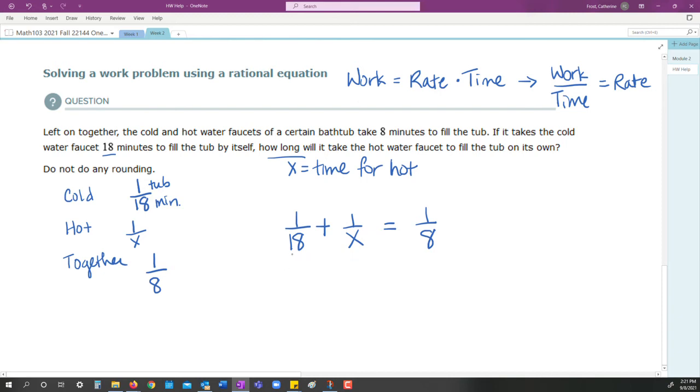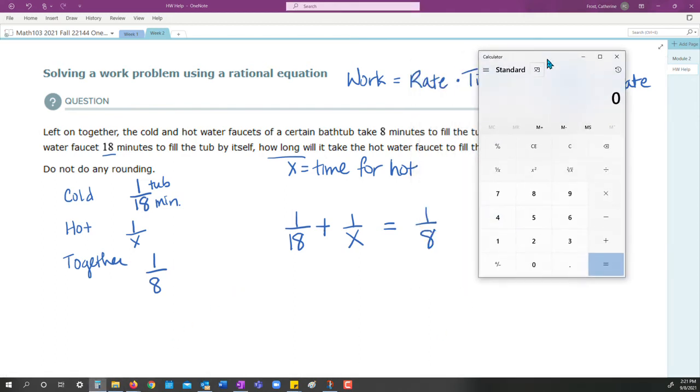Okay, so now we're going to multiply both sides by the LCD, the least common denominator, to get rid of all these fractions. We're going to have an X in there, but for 8 and 18, you could just do 18 times 8. So 144 will work just fine.